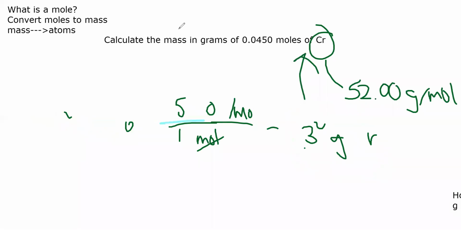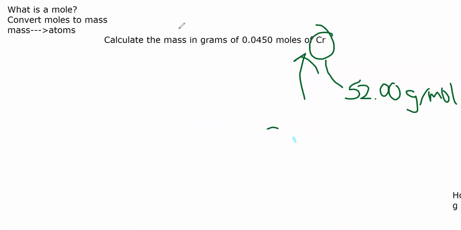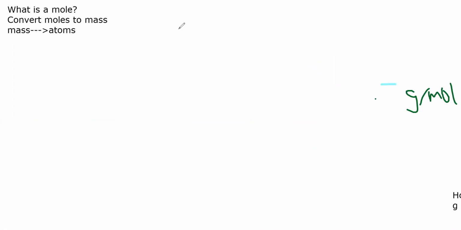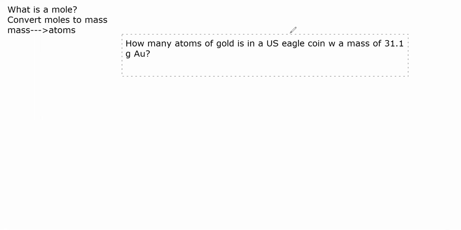Okay, next problem. So all you have to do to convert moles to mass is just find the molar mass. That's kind of it. So next problem is over here, converting mass to atoms. So we'll do another apple example.